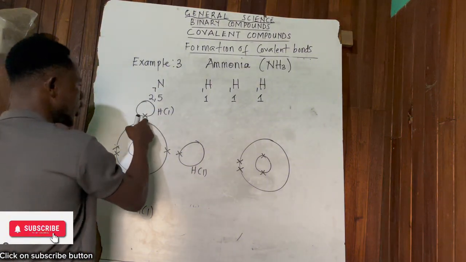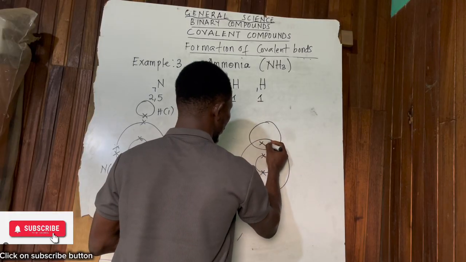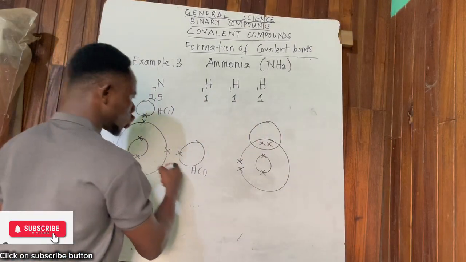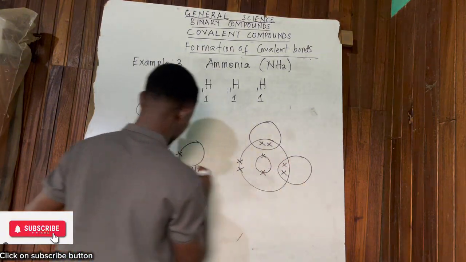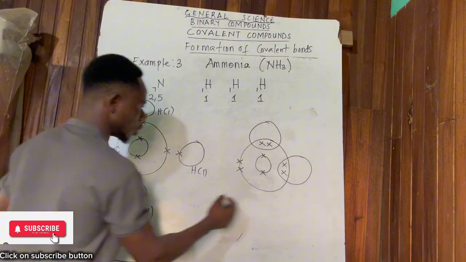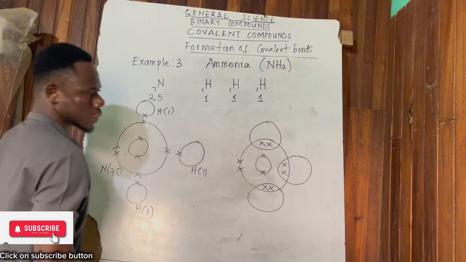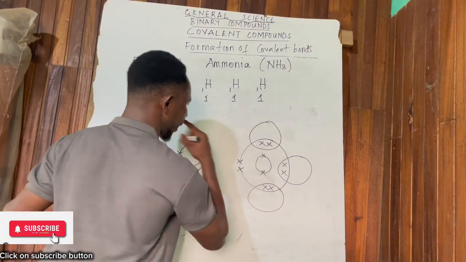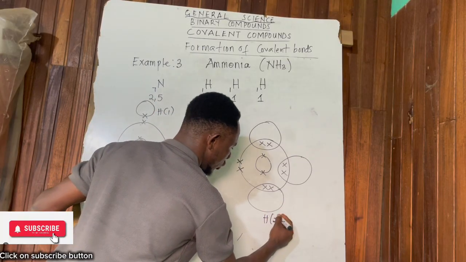Now let's come to this one. This and this is how many? 2. So there is 1, 2 here. This and this is how many? 2. So there is 1, 2 here. For this and this is how many? 2. So it's here 1, 2 like this. Are you getting it? So for this hydrogen, we are going to get H2.